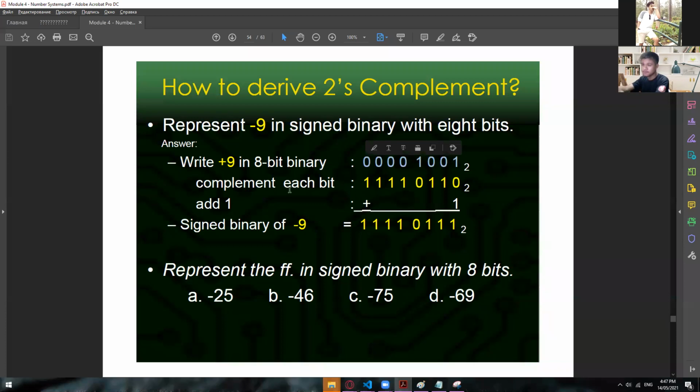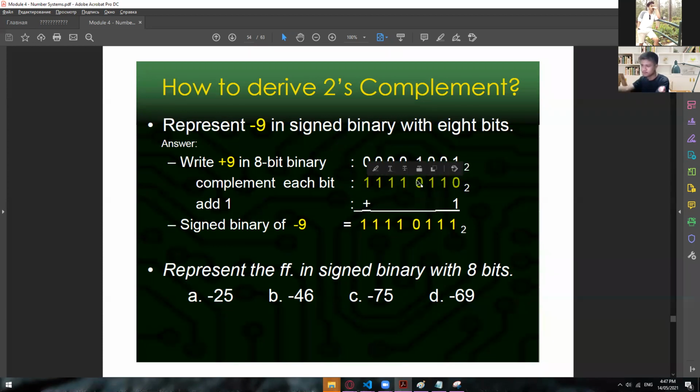The second step is to apply the complement. When we say complement each bit, 0 becomes 1 and 1 becomes 0, and vice versa. So 1 became 0, 0 became 1, 0 became 1, 1 became 0, and all of those zeros became 1. I hope we're clear with that one.